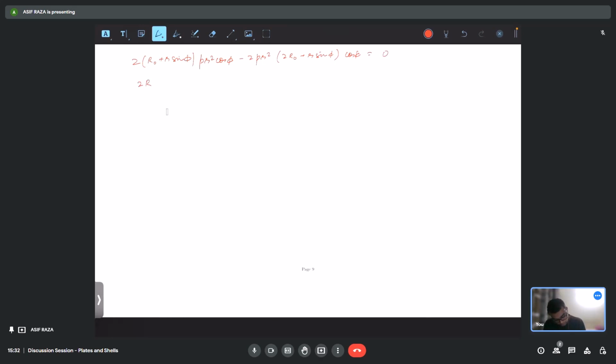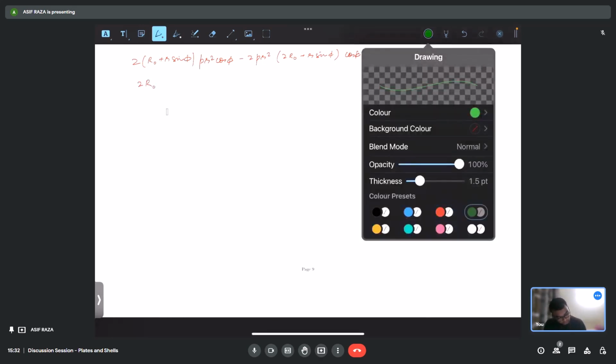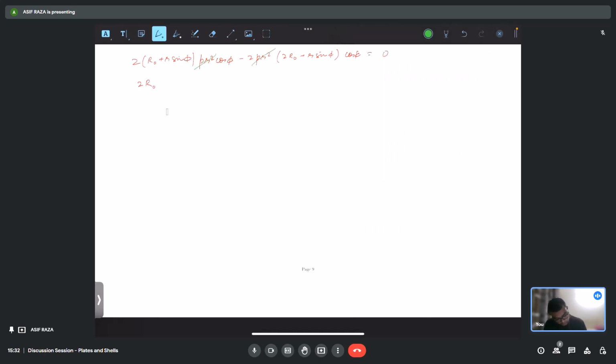Simplifying it, I can remove p r² and 2 throughout. So this is r0 cos phi plus r sin phi cos phi minus 2 r0 cos phi plus r sin phi cos phi equal to 0.